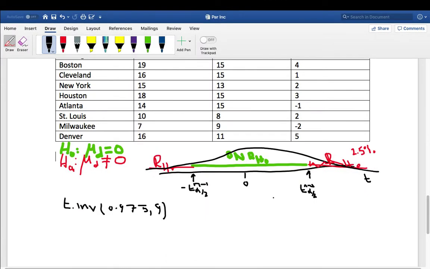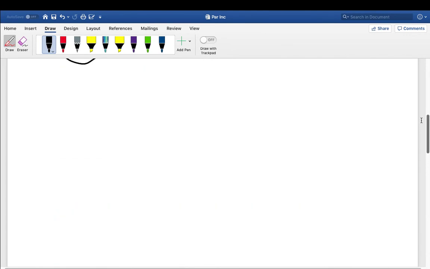It's going to be 2.26. Okay, so this is going to be over here minus 2.26. And this point over here is going to be plus 2.26.